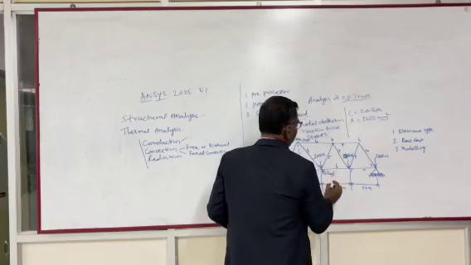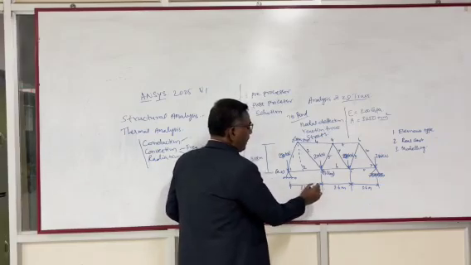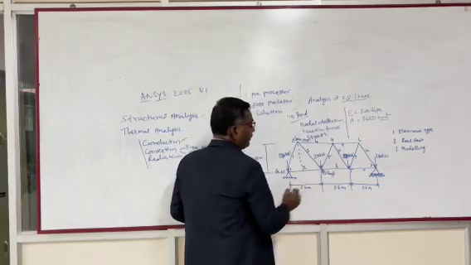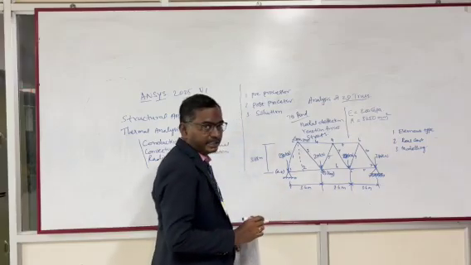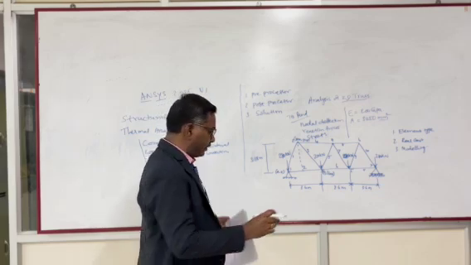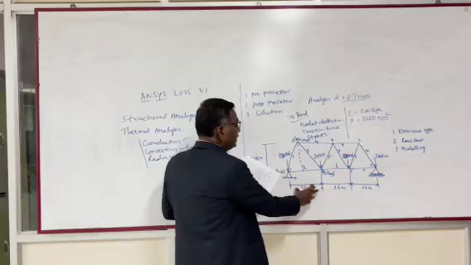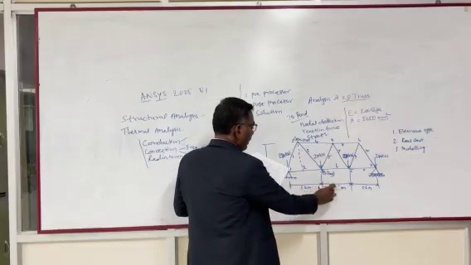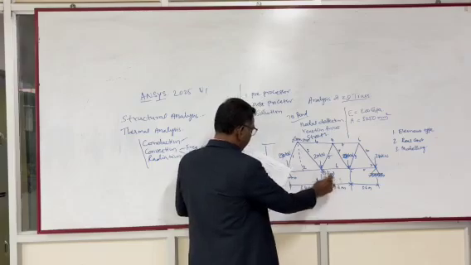Again the same thing: the distance on the x-axis, you can add the 3.6 plus 1800.